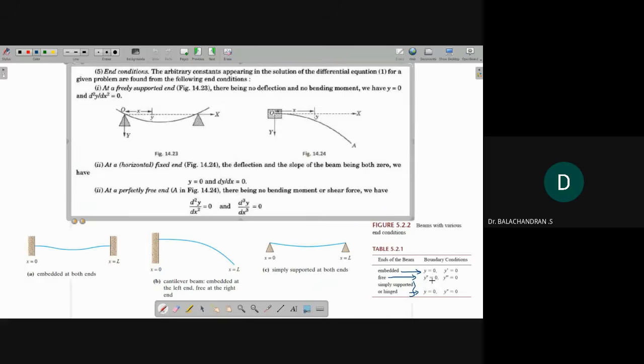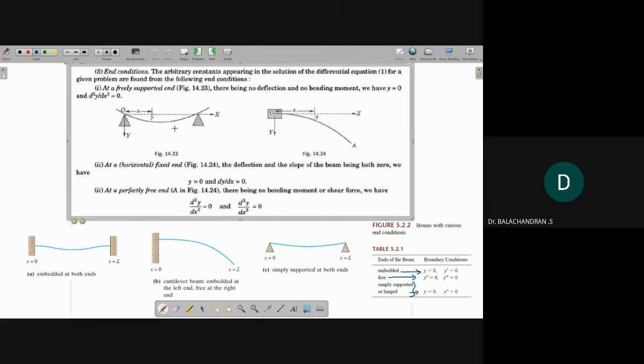If it is free, y double dash, y triple dash, free means like this, that is called a free end. But I told that freely supported means like this. There is a difference between perfectly free and freely supported.